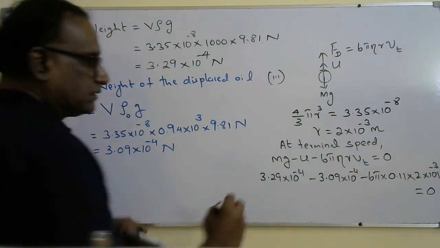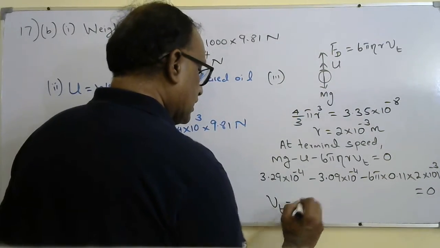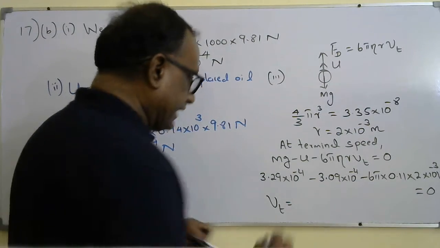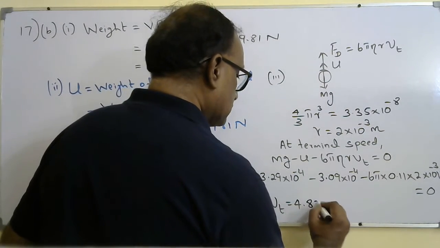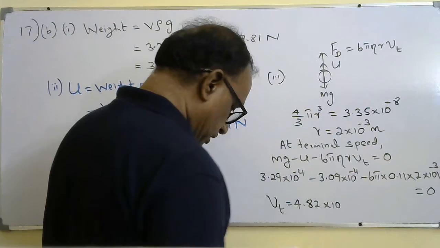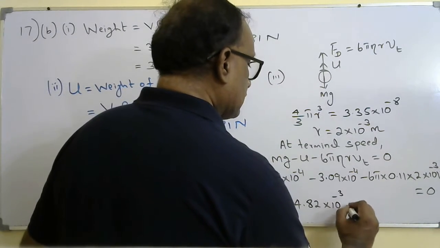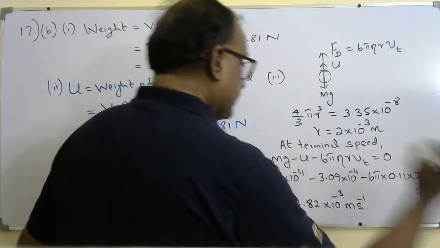So solve it and find vt. You will get 4.82 × 10^-3 meters per second.